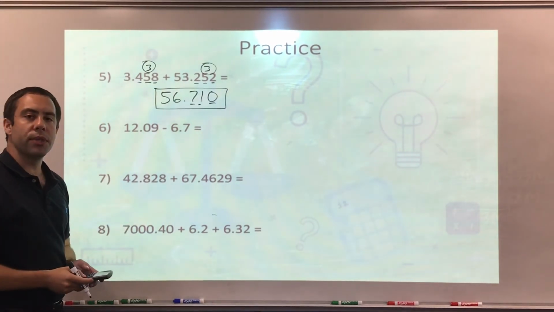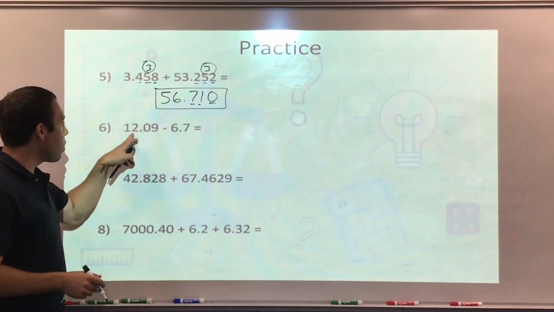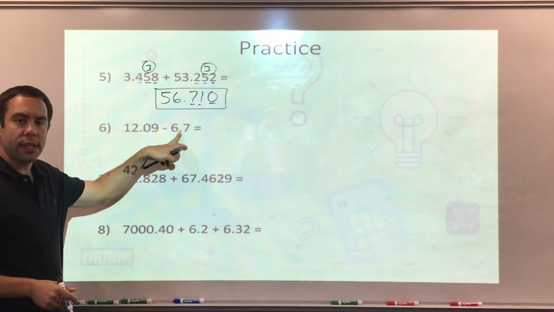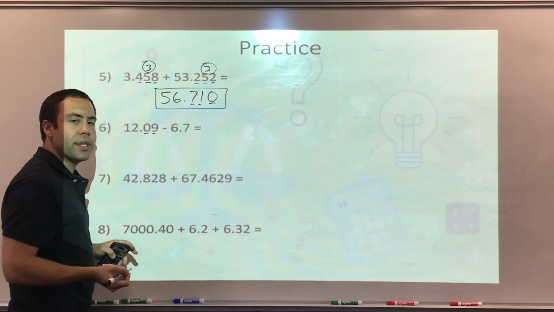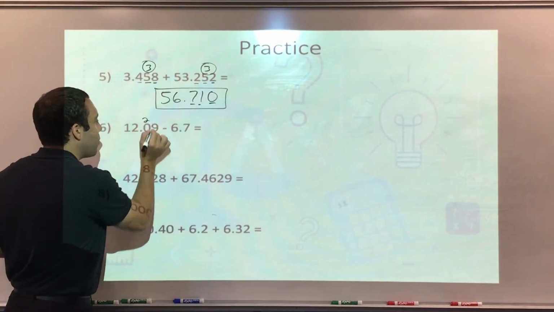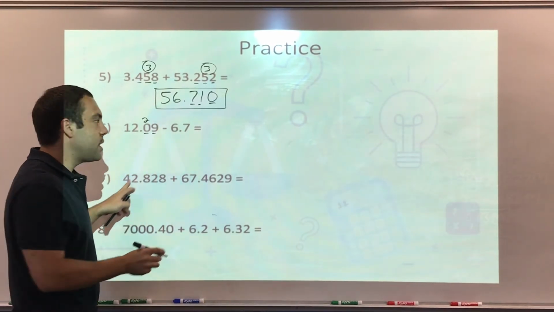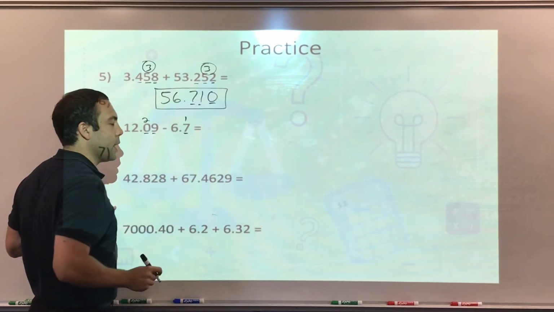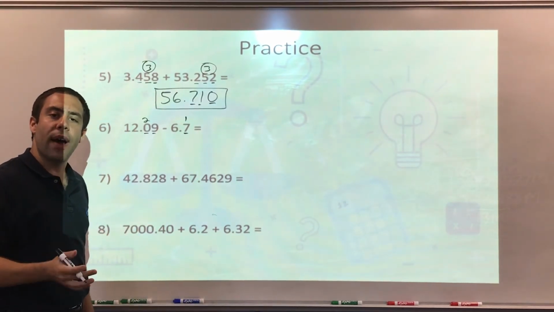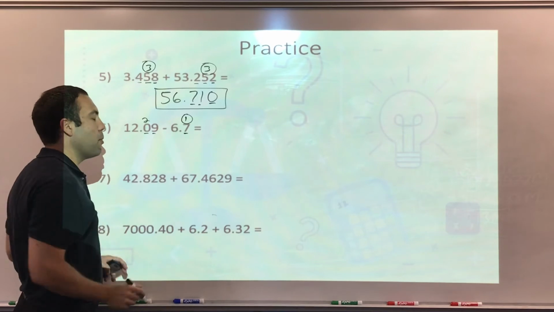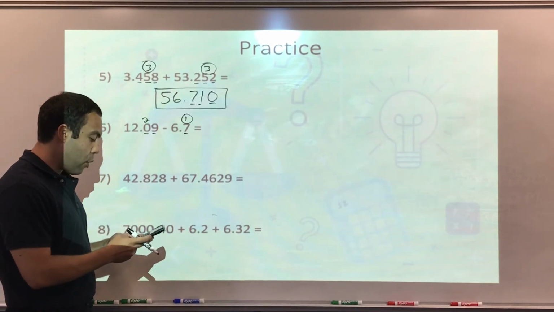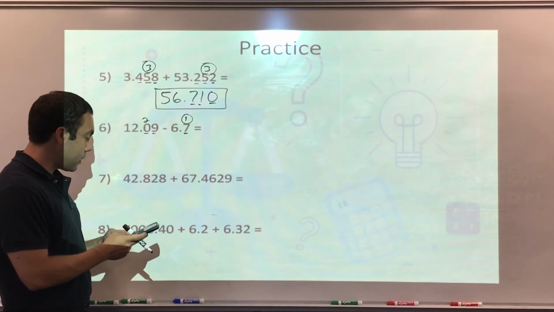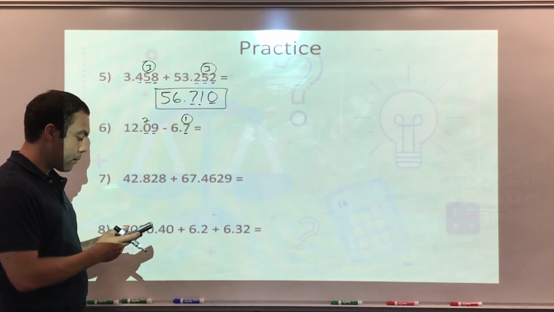For problem number 6, 12.09 minus 6.7. First step, we find out that 12.09 has 2 decimal places, whereas 6.7 has 1 decimal place. So we will round our final answer to 1 decimal place. Step 2, let's subtract them. 12.09 minus 6.7.